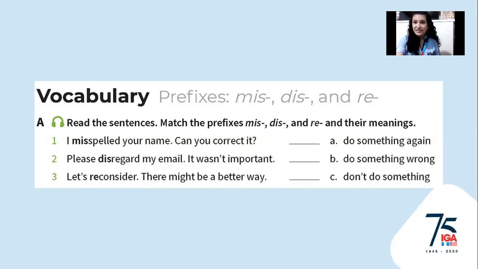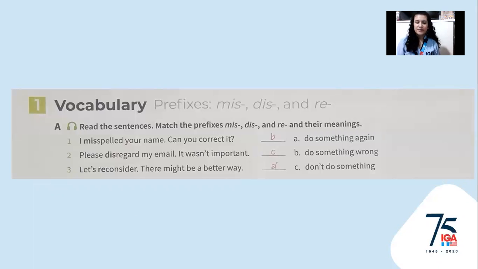Okay, now let's check our answers. The first one is B, when you do something wrong, right? Because if I misspell your name. Please disregard my email. It's like don't do something. Disregard is when you say disregard my email, it means don't pay attention to my email, forget about my email.